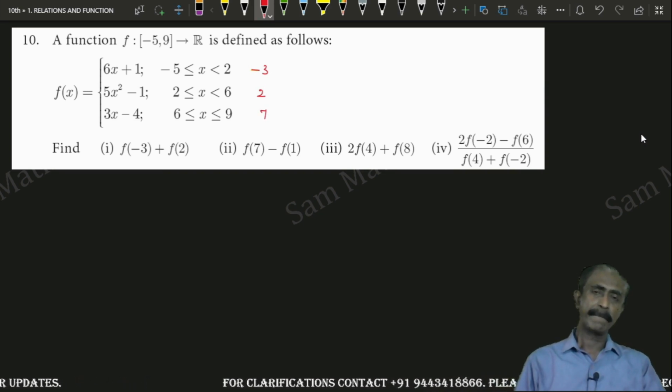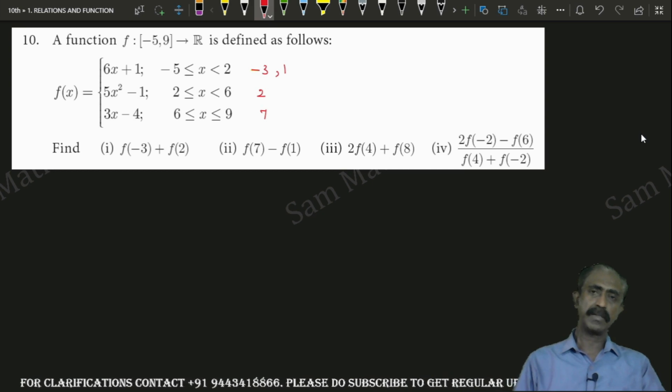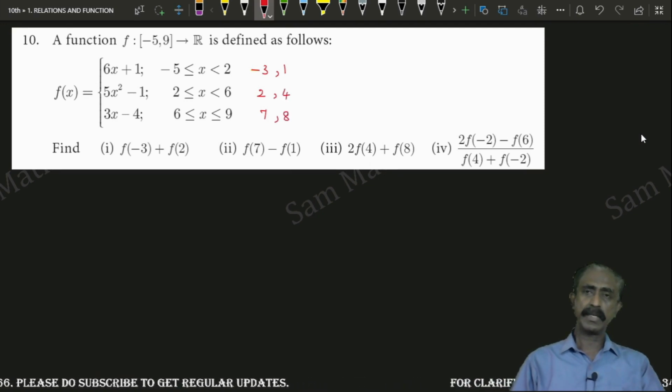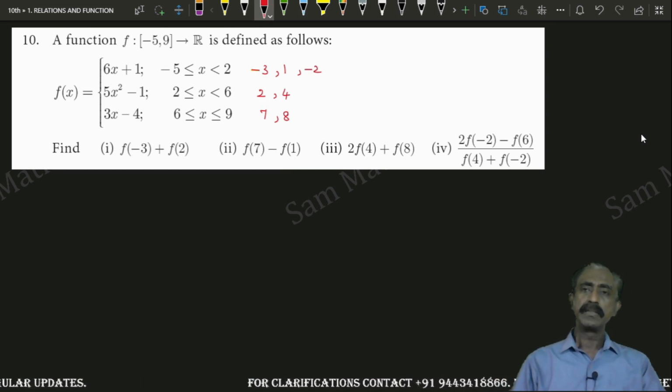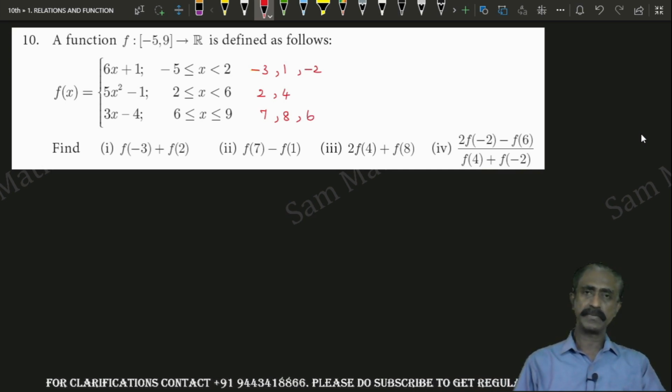Then f of 1 I need, 1 is in the first interval. Then third one I need f of 4 and f of 8. 4 is in the second interval and 8 is in the third interval. Like that in the fourth subdivision, minus 2 is in the first, then 6 is in the third interval, then 4, already we did that, and f of minus 2 is also there.